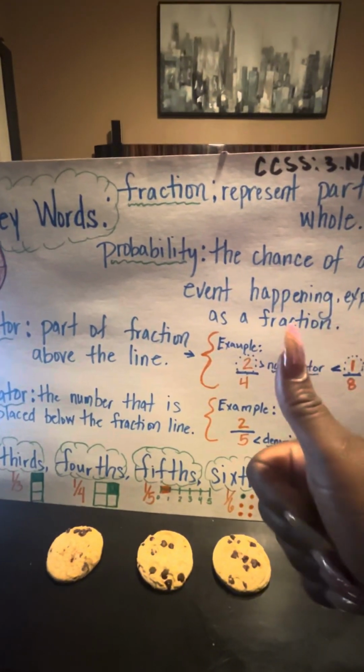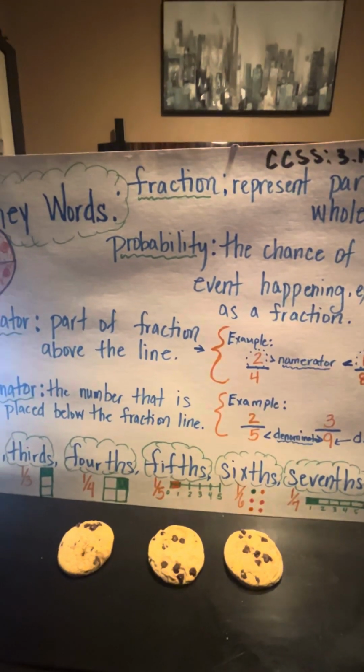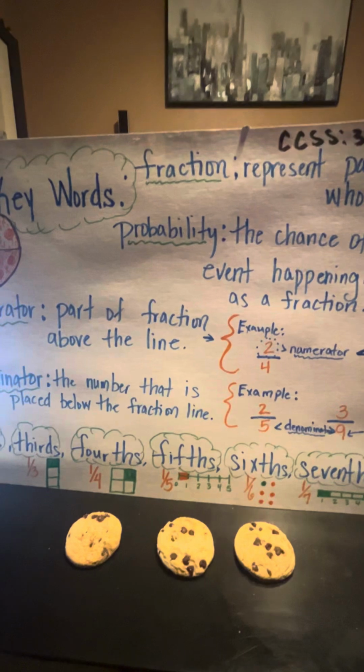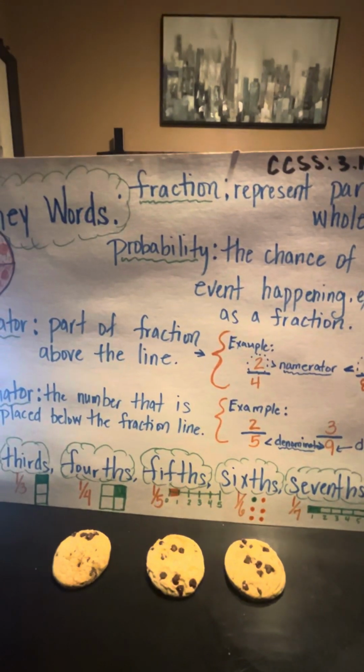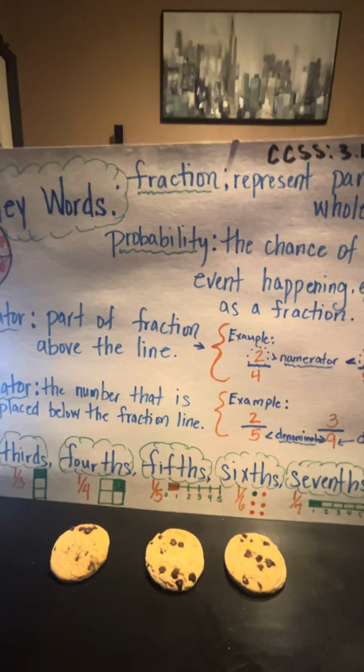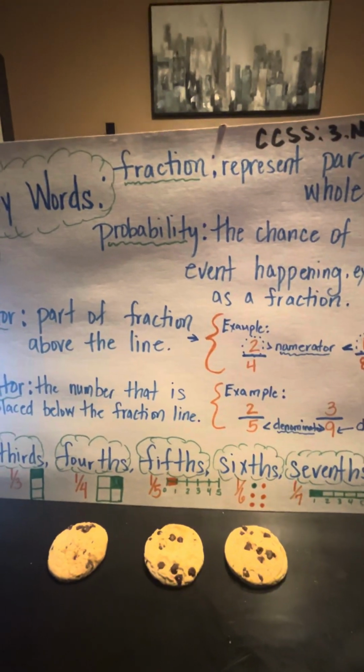Thumbs up if you think we still have a whole pack. Thumbs down if you think we don't have a whole pack. So we go through the answers that the students give us. And some would say no. And some would say yes. So we would go to say he would no longer have 1 whole pack of cookies.